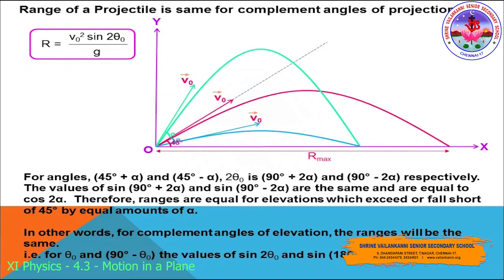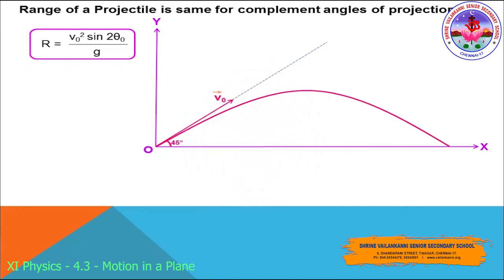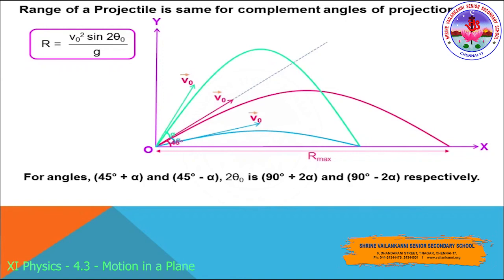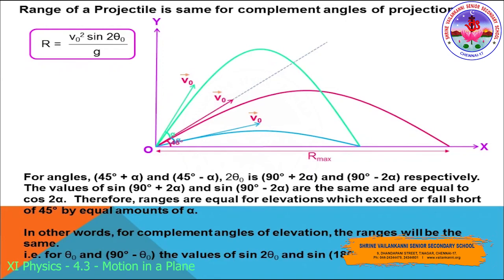We can see this through the diagram, as you can check. So by this way we got the same range for theta or 90 minus theta, as sine 2 theta and sine 180 minus 2 theta have the same values.